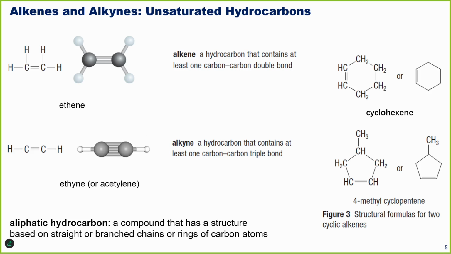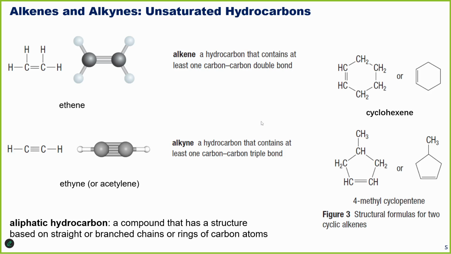Scientists use the general term aliphatic hydrocarbon to refer to a compound that has a structure based on straight or branched chains or rings of carbon atoms. Alkanes, alkenes, and alkynes are all aliphatic hydrocarbons.